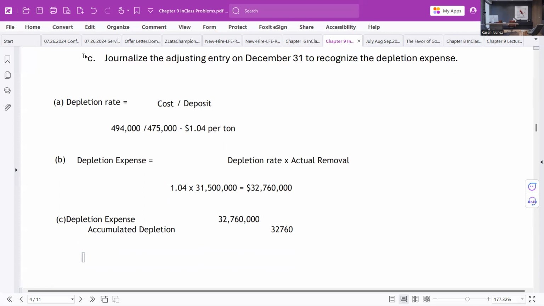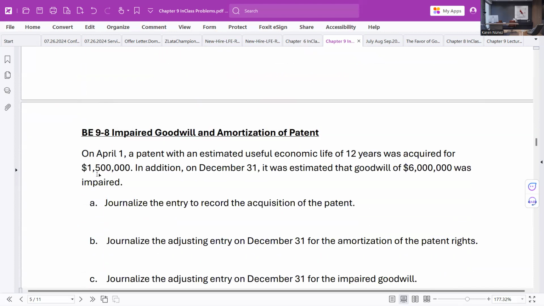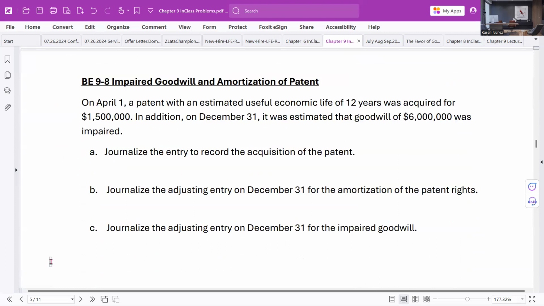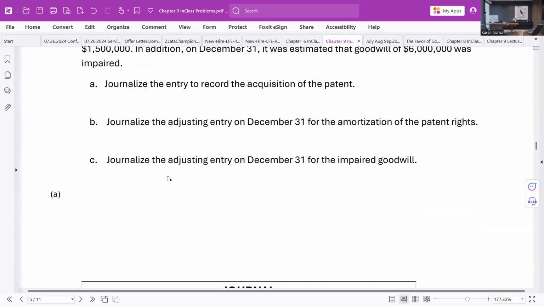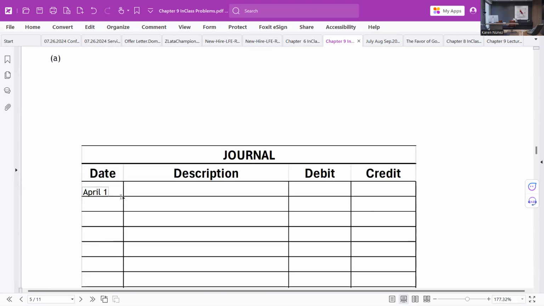Let's take a quick look at amortization in exercise B-98. The first thing we have is to record the acquisition of a patent. So they bought a patent, and we have to record the transaction. The patent was acquired on April 1st, April Fool's Day, for a cost of $1.5 million.